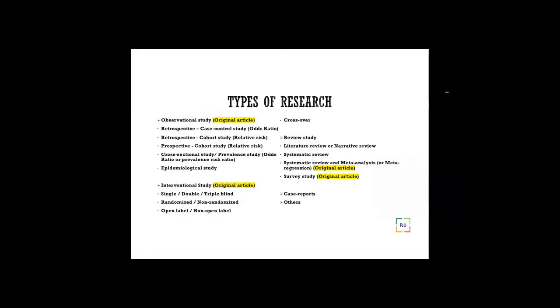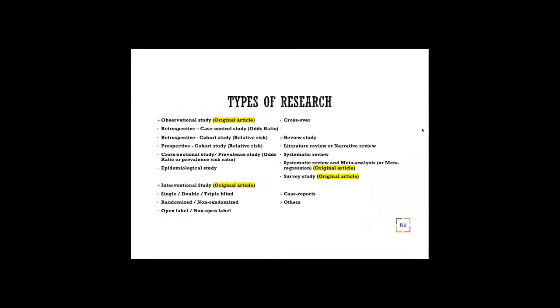When we talk about the types of research, in our mind, three major types of research come into the picture. We will talk about original and non-original later on, but number one, there are three major types. Number one type is observational studies.